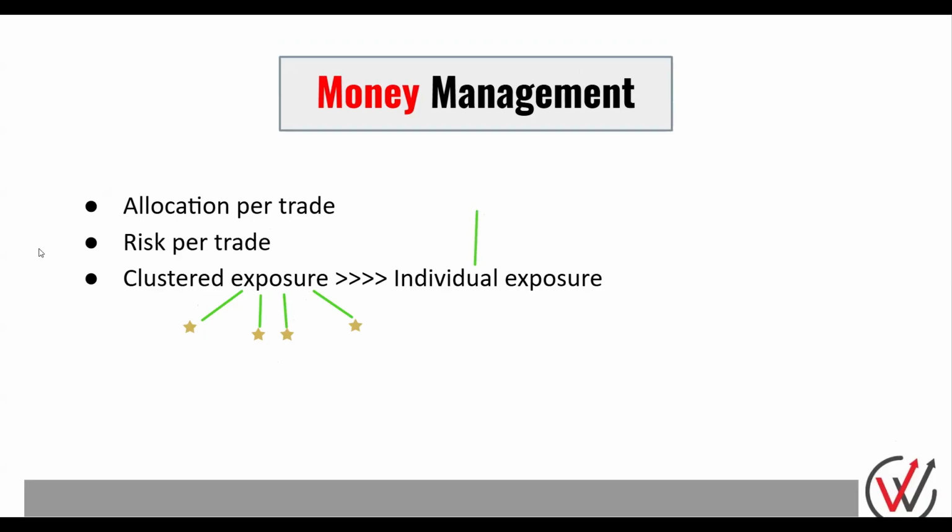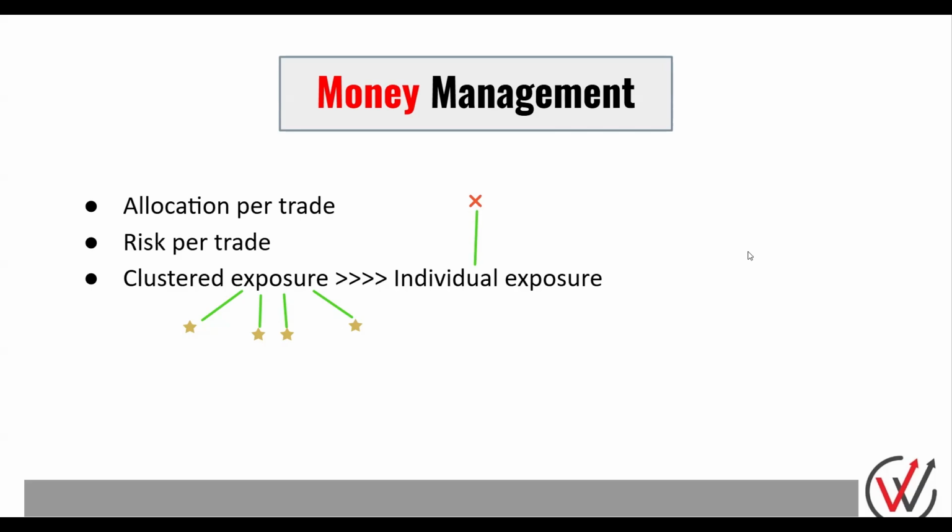You buy one stock with a 10% position size and wait for its feedback. This has not worked for me. I don't like the probabilities of this working, and this is what we'll focus on if you follow the method that I tell you. So clustered exposure always: risk per trade remains the same, but you'll always buy in clusters.